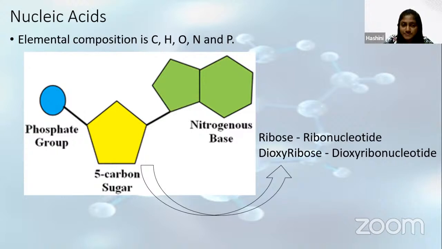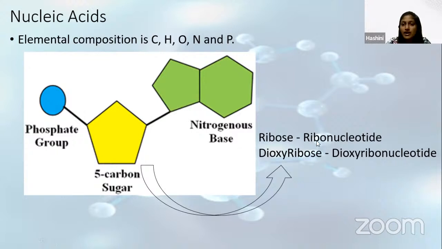Why are there actually 2 types of nucleotide present? Because of the variation of this 5 carbon sugar. When ribose sugar is present, we call this nucleotide a ribonucleotide. When deoxyribose sugar is present, we call this nucleotide a deoxyribonucleotide.